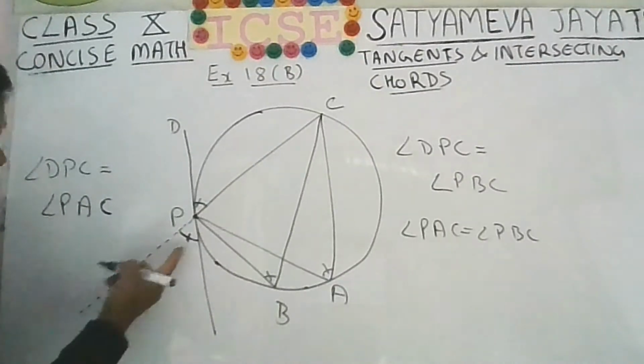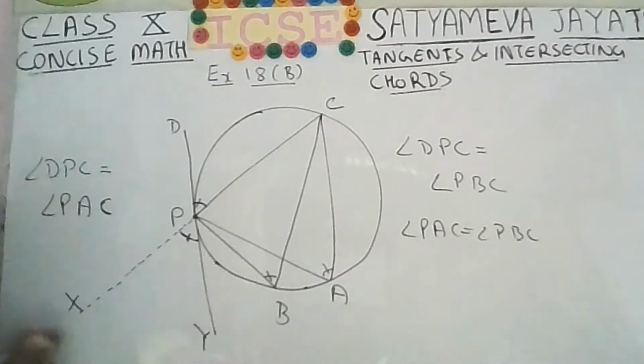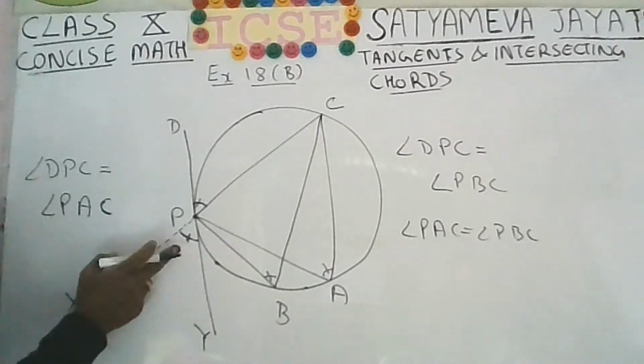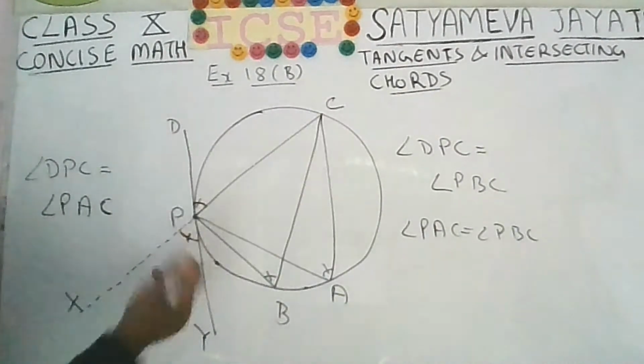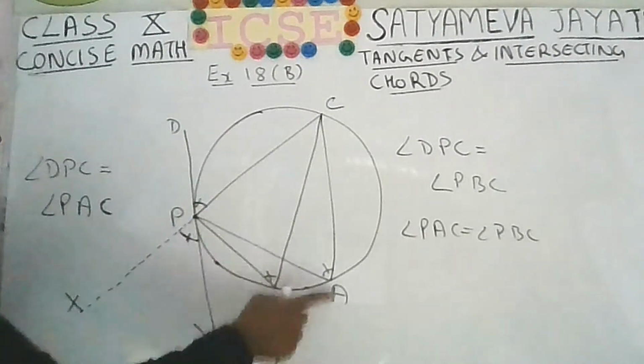So if these 2 points are, let us say this is X and this point is Y, then angle XPY will be equal to its vertically opposite angle. Vertically opposite angle is DPC, and in turn DPC is equal to angle PBC or angle PAC.